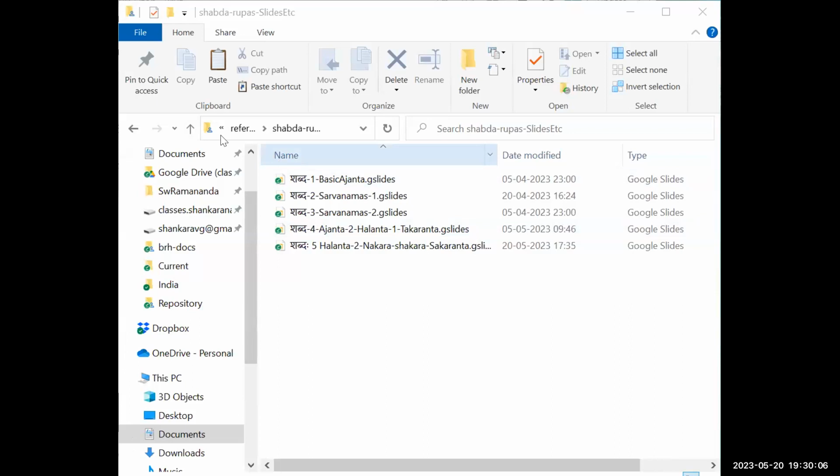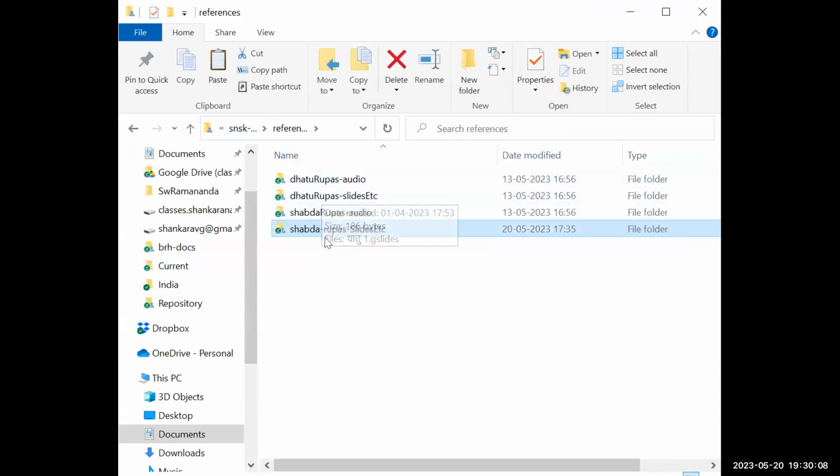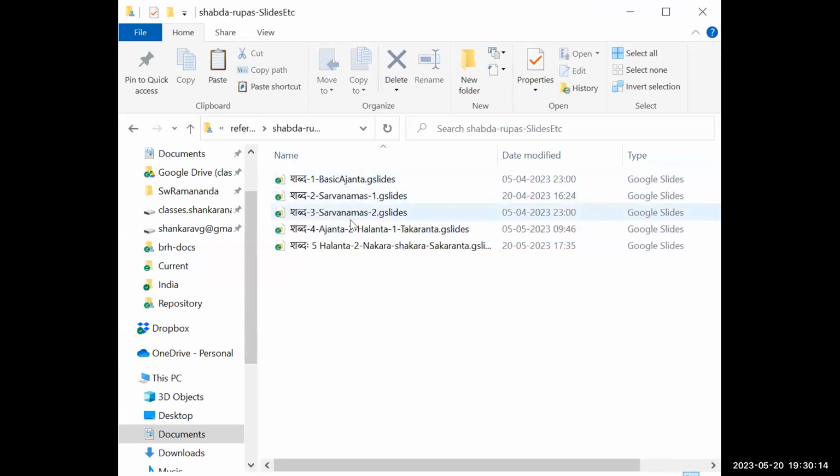I think it is this. So you see in our folders, under references, you have these 4 folders, and there's a Shabdarupa's slides. Till now you had 3 or 4, I think. I have added a fifth one also for you. All right, because this will take time. You can't learn it overnight. It takes time. So if you look at the fourth slide, we had seen this last time, I think.